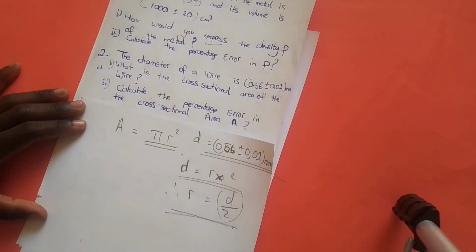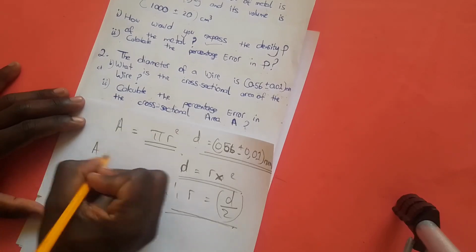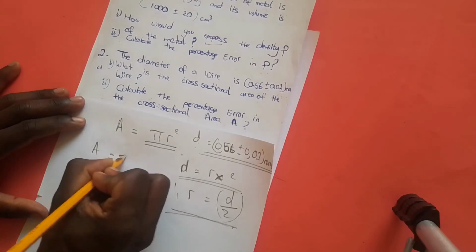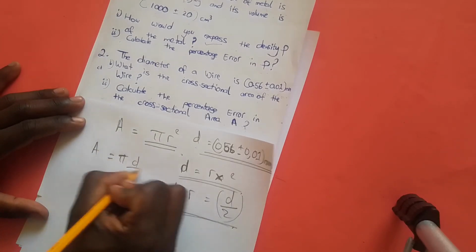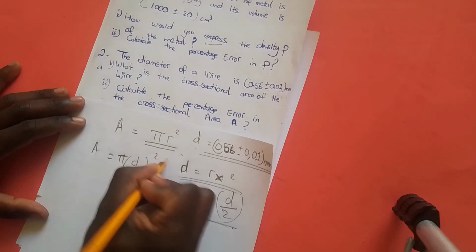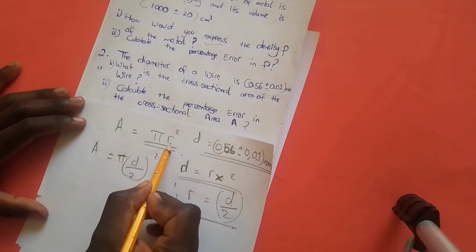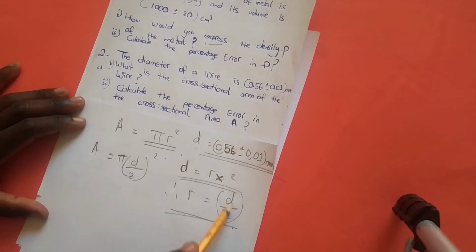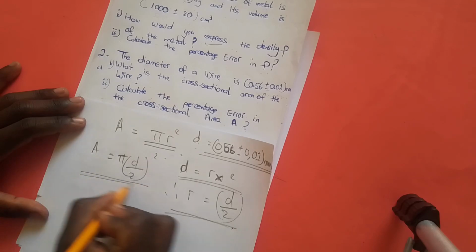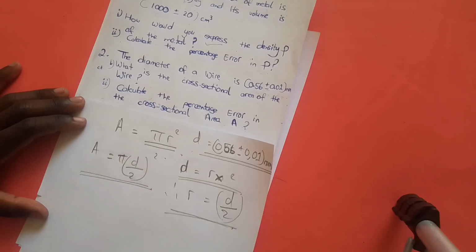So our cross-sectional area is now equal to pi times (d over 2) squared. We have removed r and replaced r with d over 2. So we are now at this stage of our question.